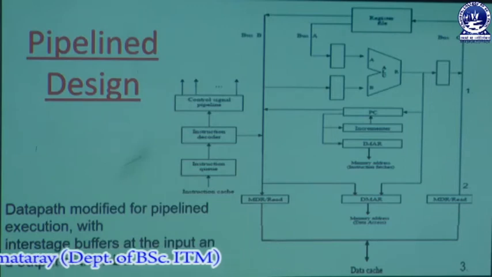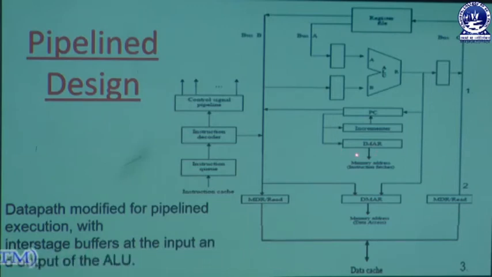And then this IMAR is used, that means this PC is incremented and automatically this value is updated in the IMAR, so that the ALU at that point of time can operate some other operations.